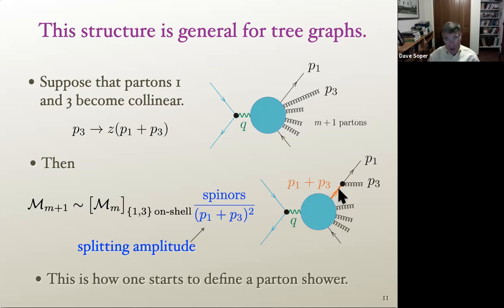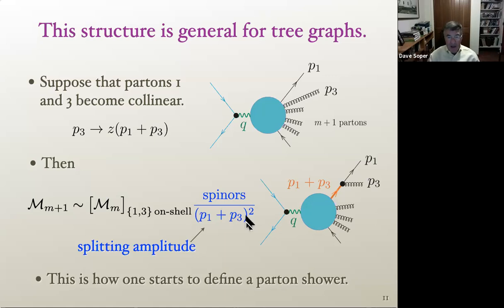So I approximate that propagator by what it is when (P1 plus P3) squared is 0 in the limit in which it goes to 0, and some kind of spinors times 1 over (P1 plus P3) squared. So that's the same structure that we looked at in the previous slides. And the spinors divided by (P1 plus P3) squared is your splitting amplitude. And to get a contribution to a cross section, you just square that.